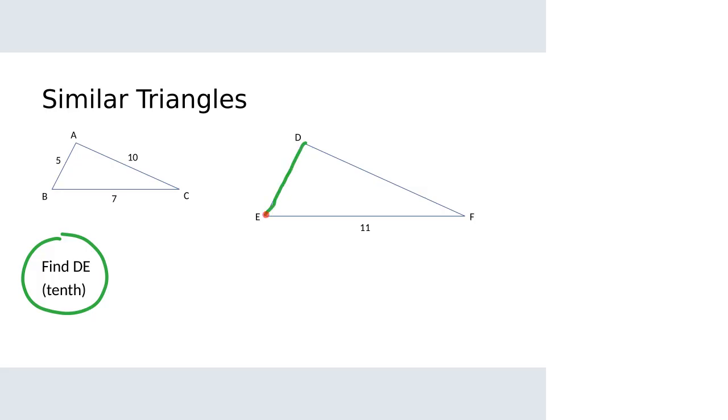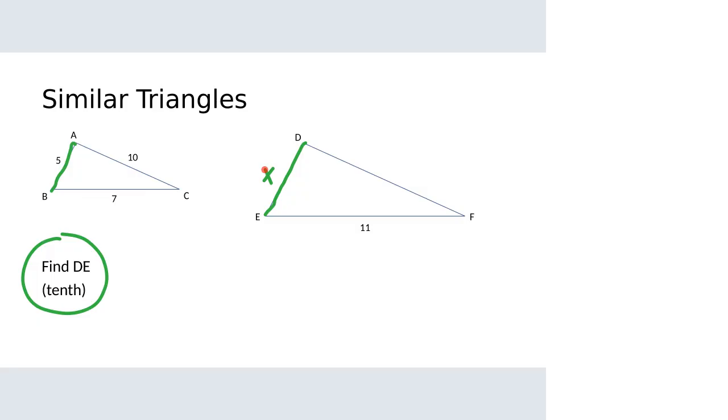So it's going to be really important for me to identify the corresponding part over here in the other triangle. DE is what I'm looking for. That's the thing I don't know, so I can call that X. You could call it DE if you want to, just use DE as your variable, but I'll go ahead and use X.